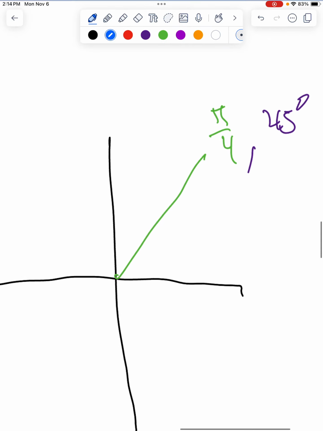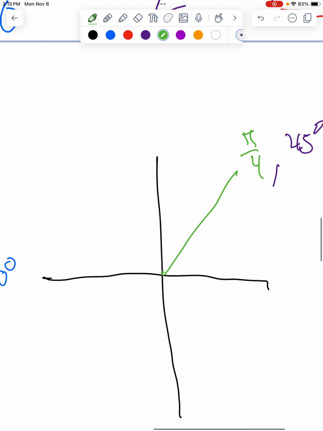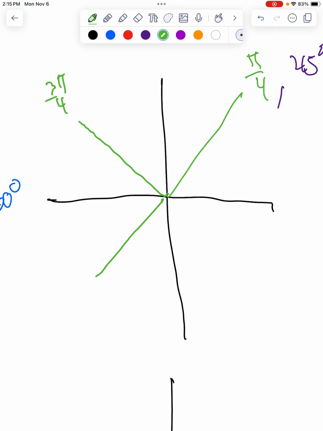We can also look at, again, 45-degree angles. So if I'm doing it like this, I'm saying, all right, I've got pi over 4. Then I call this one 2 pi over 4. Then I've got 3 pi over 4, 4 pi over 4, 5 pi over 4, 6 pi over 4, 7 pi over 4.